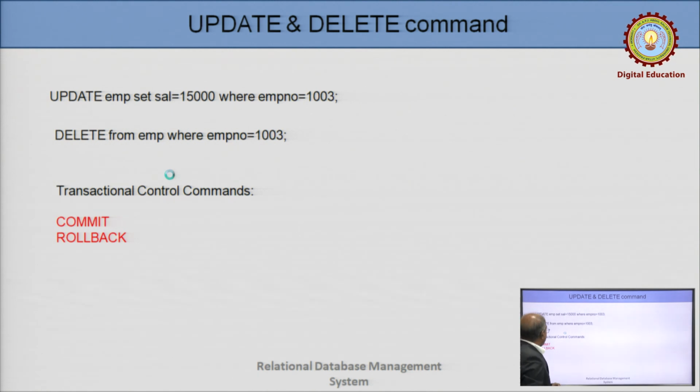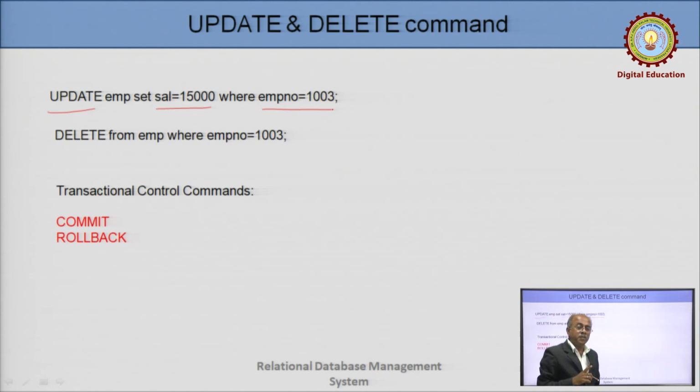This is the example of the update command. Update EMP set salary equal to 15,000 where employee number is equal to 1003. It will update the EMP table for the employee having employee number 1003, replacing the old salary with the new value, 15,000.